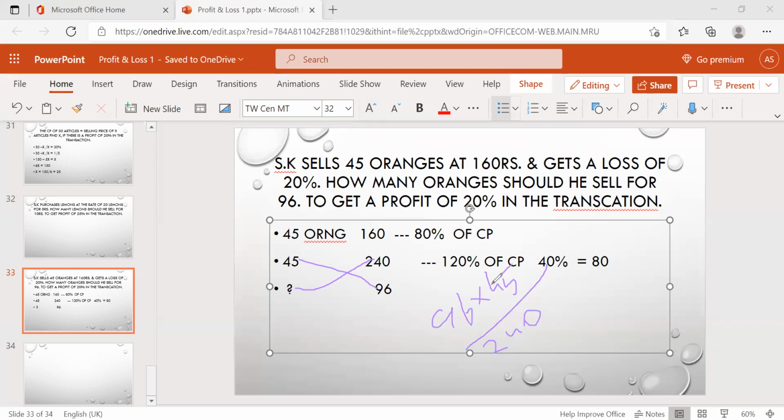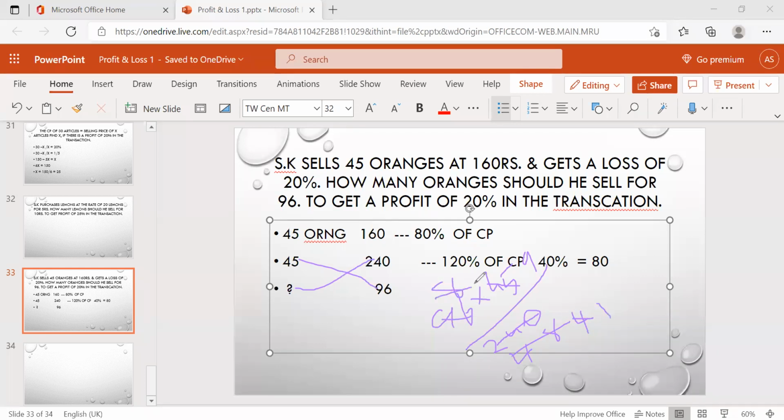5 nines, 5 fours, 48. And it's nothing but 12 fours, 12 eights.